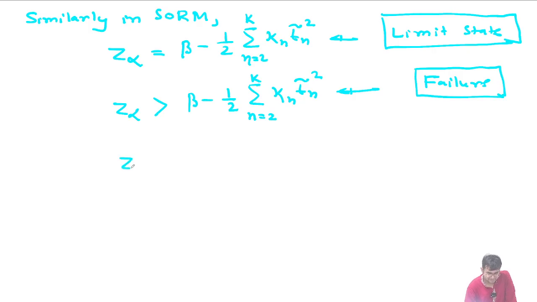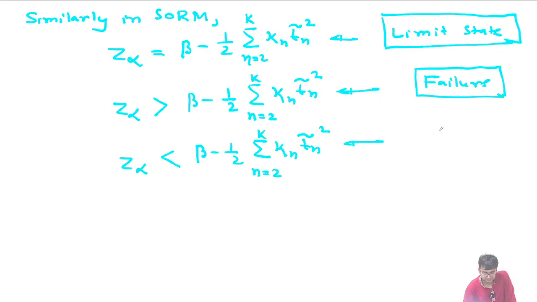And lastly, Z alpha less than beta minus half summation n equal to 2 to K kappa n Tn tilde square. This is my safe zone. Right?